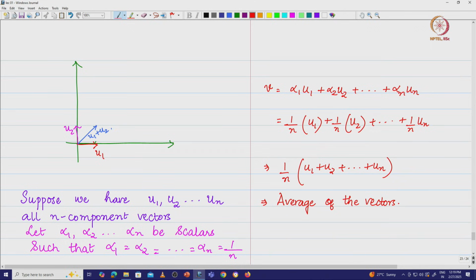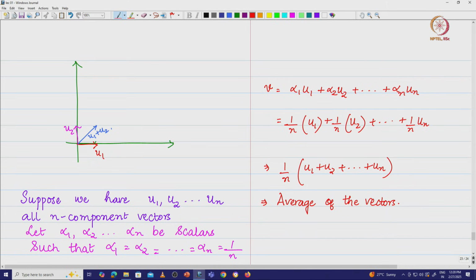Also, in this case, if you add up all the scalars alpha 1, alpha 2, alpha n, where alpha 1 is 1 by n, the scalars will add up to 1, and so when the coefficients sum to 1, you have a name for this combination, you call this combination the affine combination.